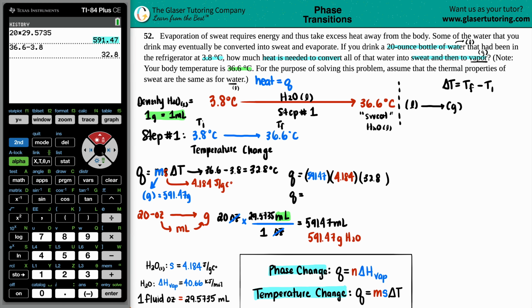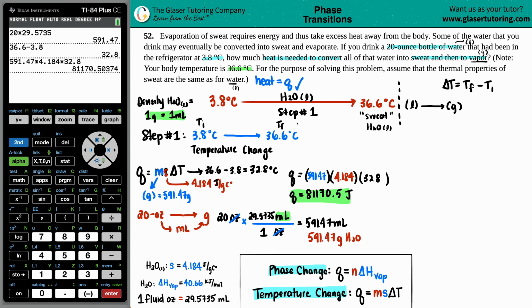It's this number times 4.184 times this number. Everything looks good to me. Press enter. A lot of joules: 81170.5. And this is in joules because the specific heat unit had joules in it, so joules goes with joules. Okay, so step 1 is done.